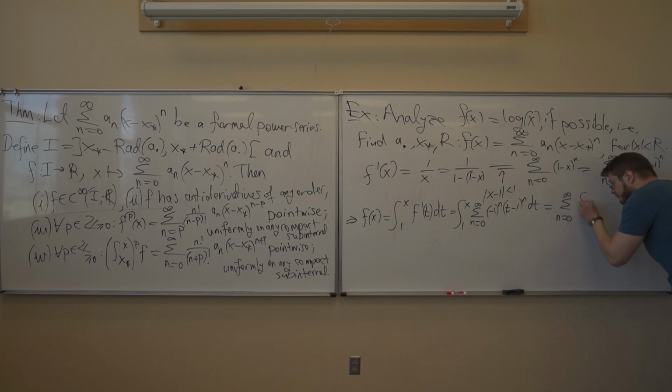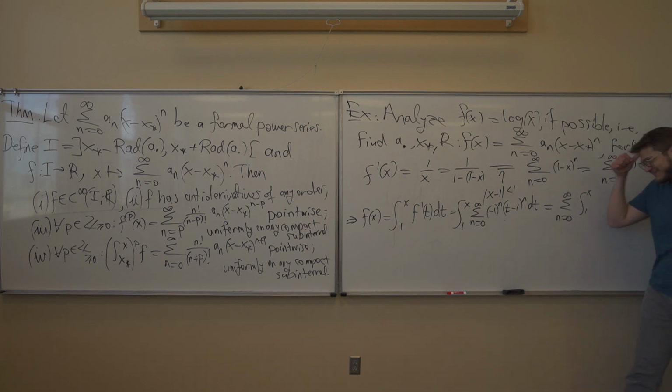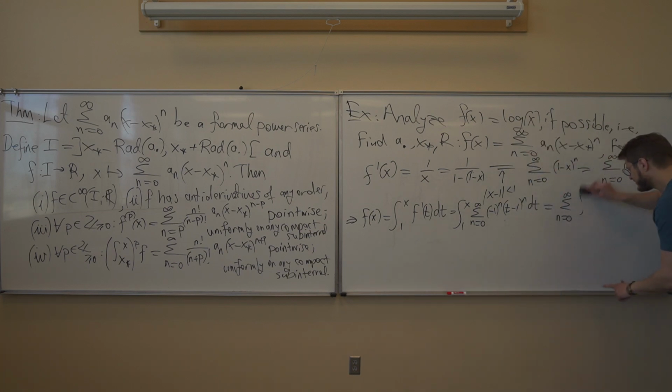It's kind of like magic to me because I'm not used to functions that you can analyze like this. But okay, so this guy is also constant, so I can take it out. The integral from 1 to x.